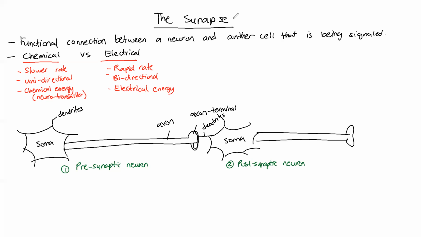But we also described that a synapse can also happen or exist between a neuron and another type of cell. So this is only one type of synapse. Let's actually highlight this here. This is a neuron to neuron synapse.